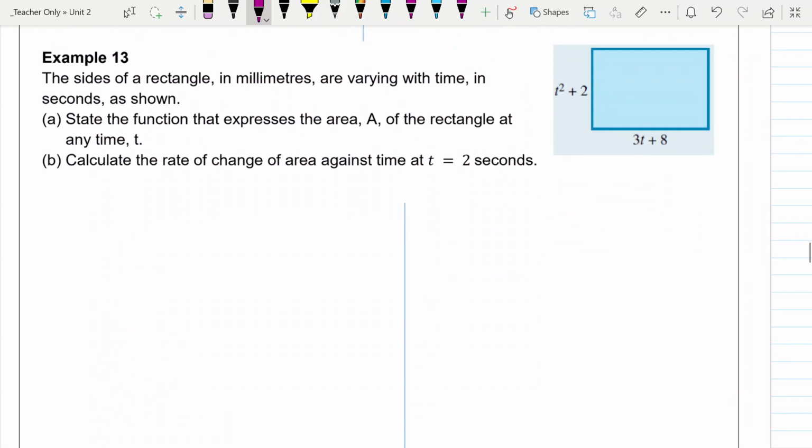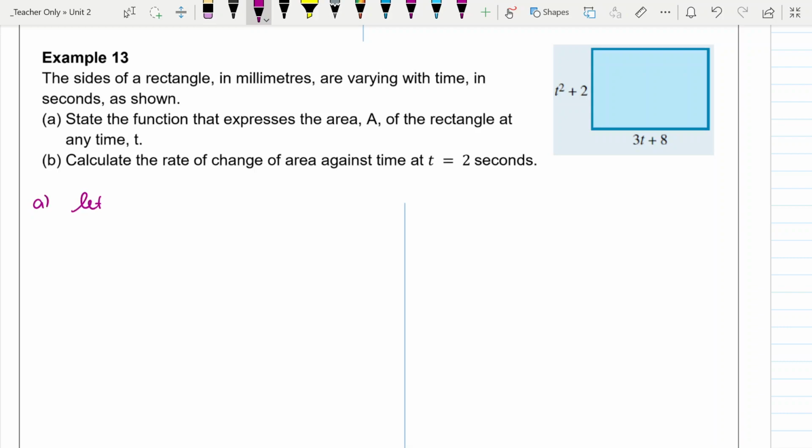Okay. All right. The sides of a rectangle in millimeters are varying with respect to time. So this rectangle is getting larger or smaller with respect to time. State the function that expresses the area of the rectangle at any time t. So let's define our variables.